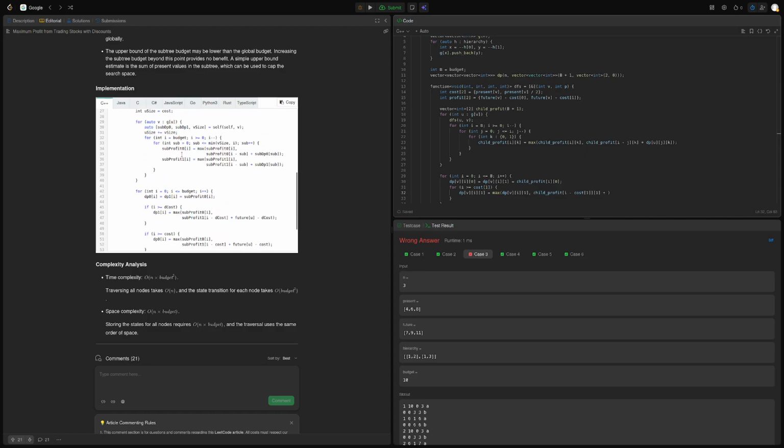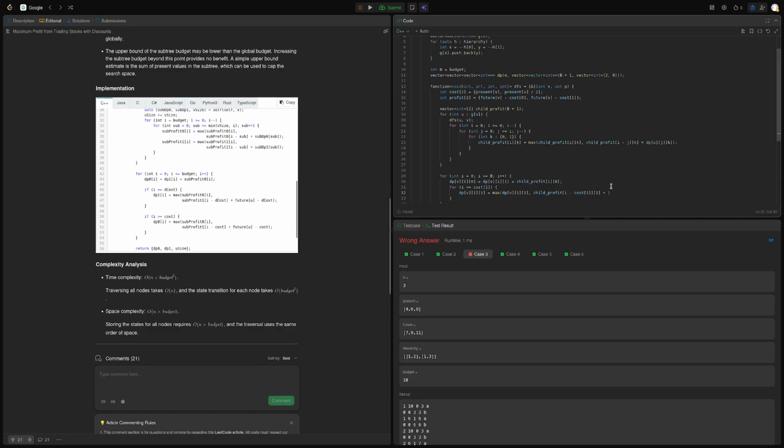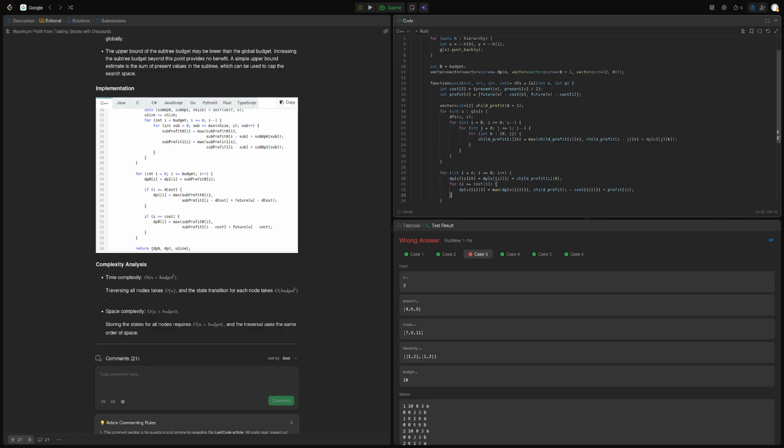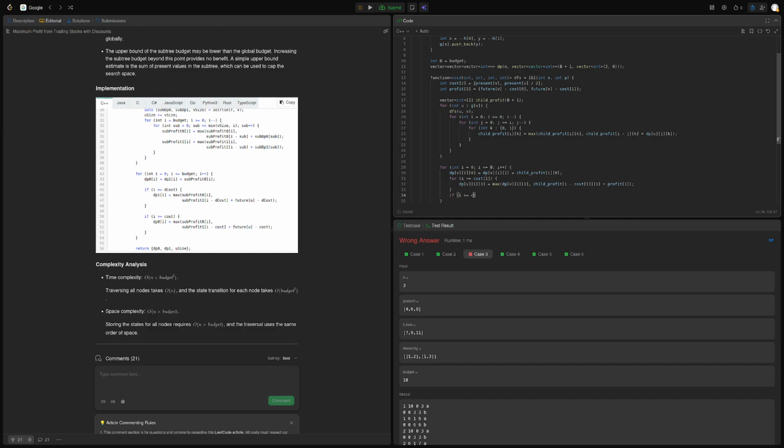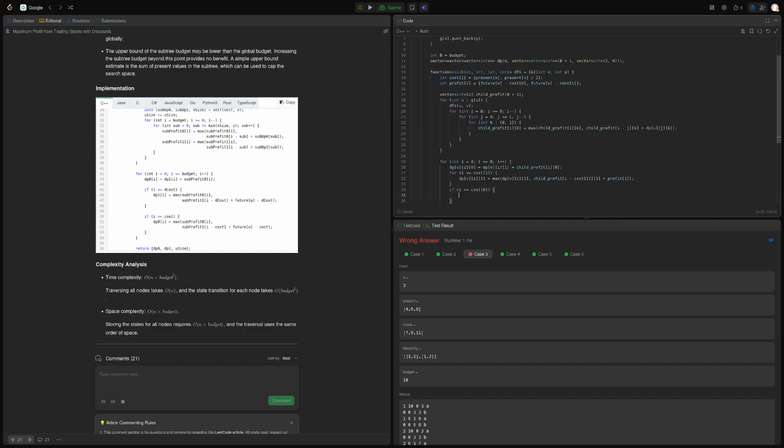This is cost, but where is future minus cost? Profit 1. If I cost 0, then cost 0 if my parent did not buy. So this is max dpvi 0.